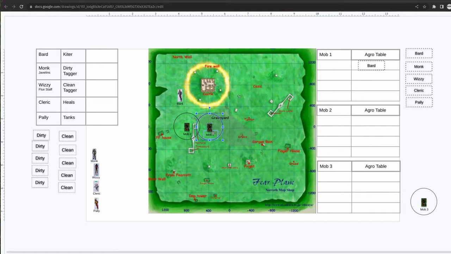Mob 1, if they assist, which in this case all the mobs are going to, turns to mob 2 and says, "Hey buddy, help me get this Bard. He's in our home. He's trying to steal all of our loots." So then the Bard goes onto the aggro table of mob 2. Now you have both mobs chasing after the Bard, and the Bard is running like the wind as fast as he can, kiting around the firewall here.